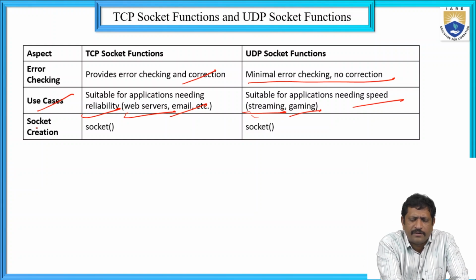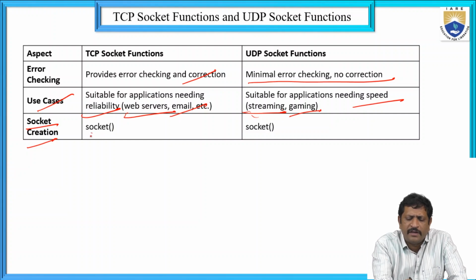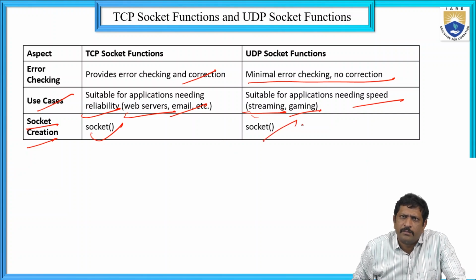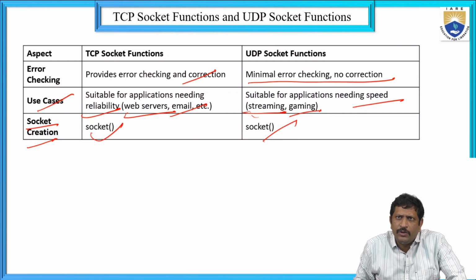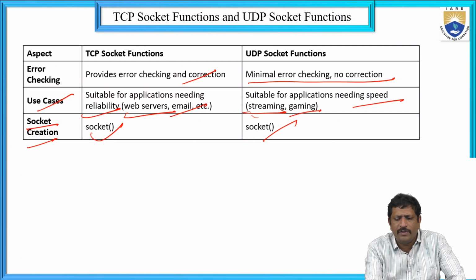Socket creation. With the help of the socket function, we can create the socket. In UDP also, with the help of the socket function or socket method, we can create the UDP socket. For both TCP and UDP, we create the socket with the socket method.